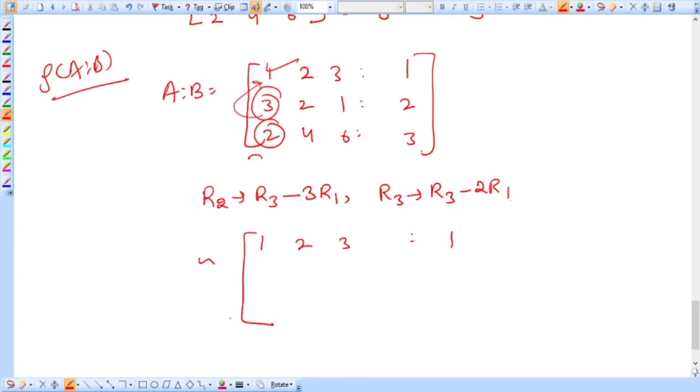Okay, so we get 0 here, 3 minus 3 into 1, 2 minus 2 into 3 minus 4, 1 minus 3 into 9, 3 into 3, that is 9, and it is equal to minus 8, and 2 minus 3, it is equal to minus 1, right?